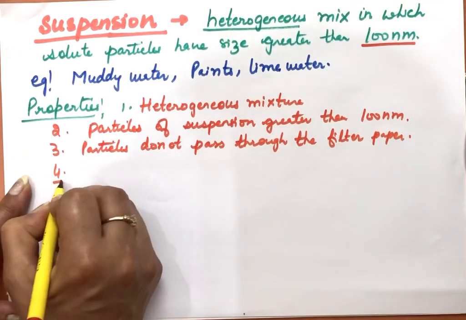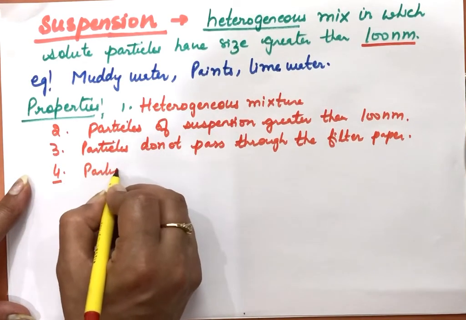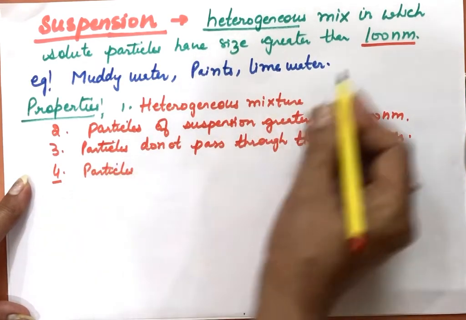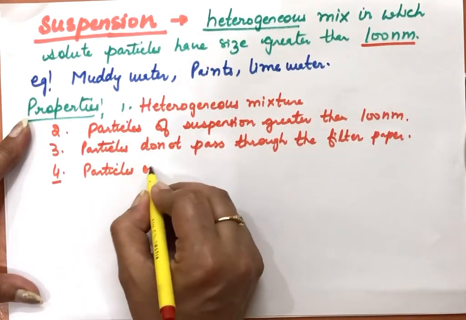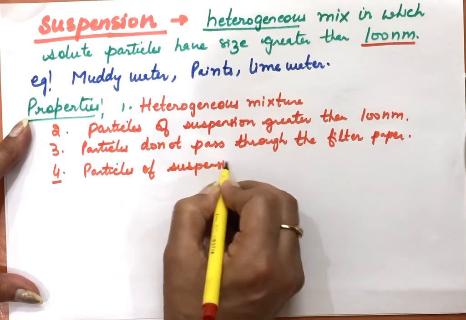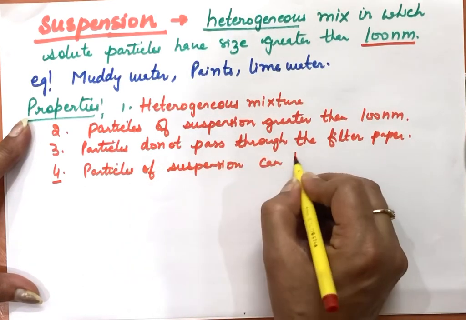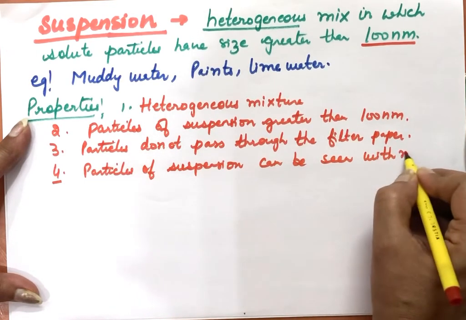Next characteristic is that since particles are very big, they are visible to naked eye. The size of 100 nanometer, more than that, is visible to naked eye. So particles of suspension can be seen with naked eye.